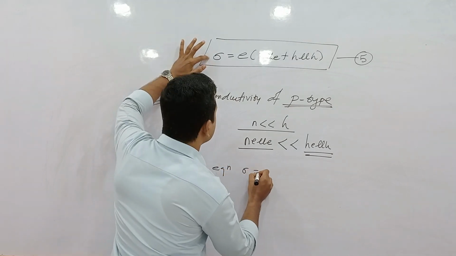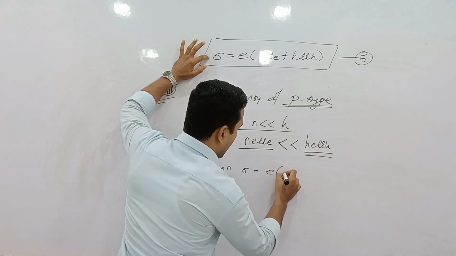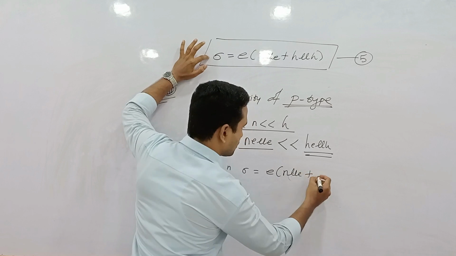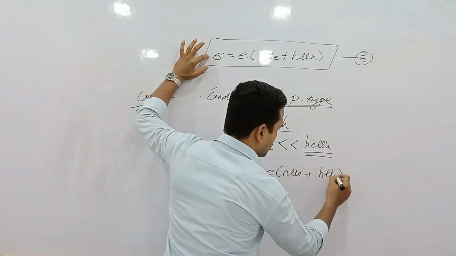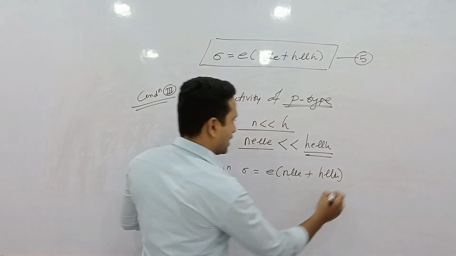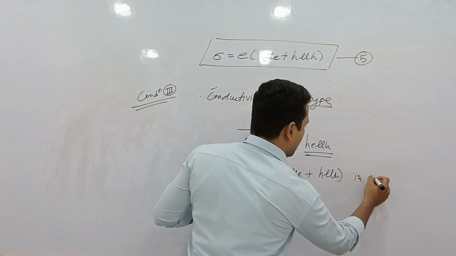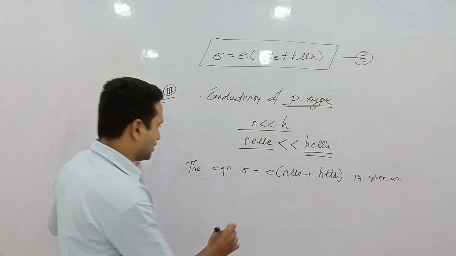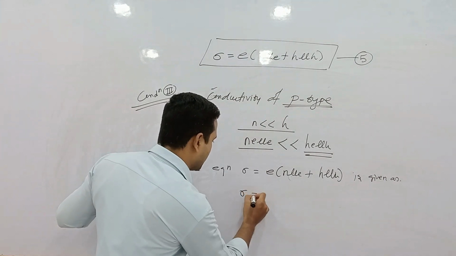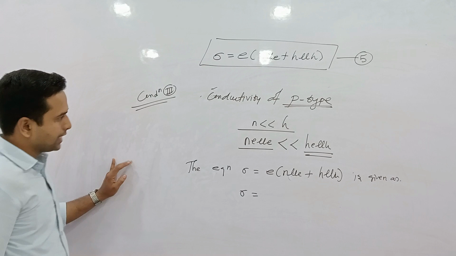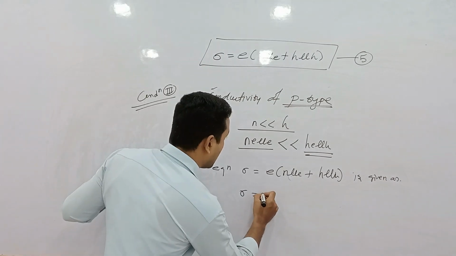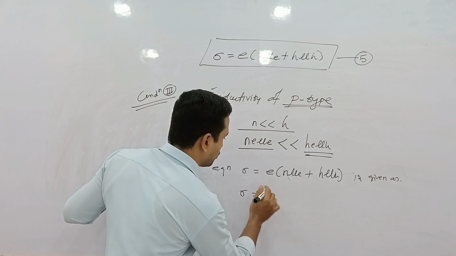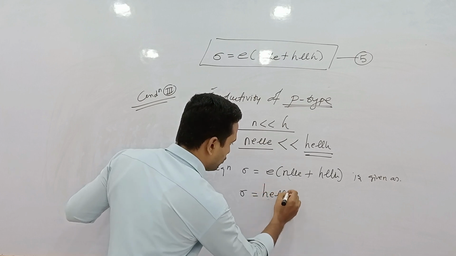Then the equation for conductivity sigma is equal to n e mu e plus h e mu h, which is given as sigma is equal to h e mu h.